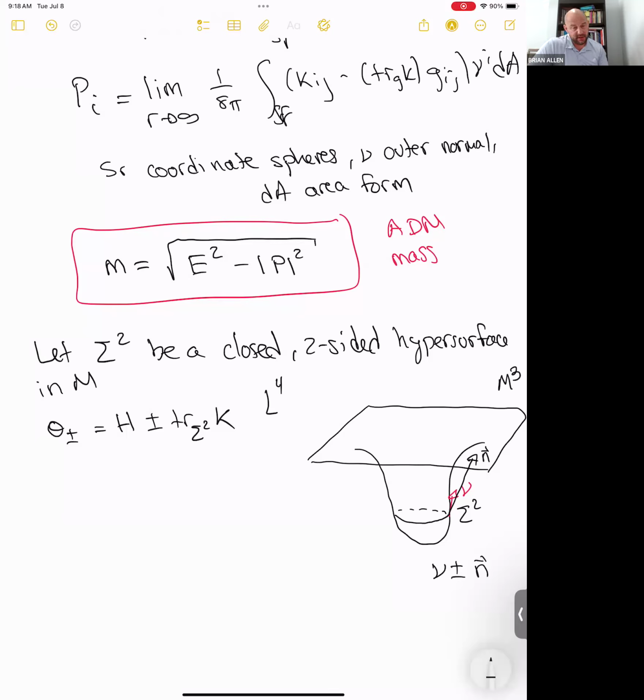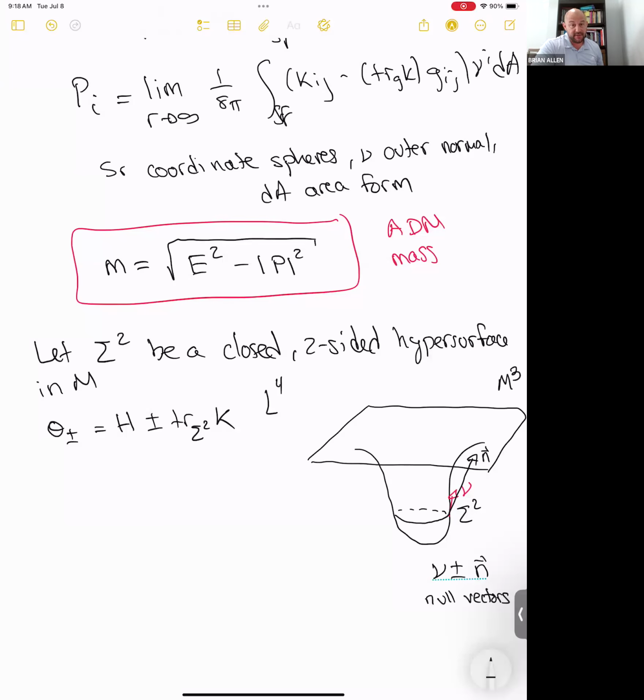And we call these nu plus or minus N null vectors because in the Lorentzian space, they'll have length 0. And the physical significance is that's the direction in which light travels. Light travels in the direction of these null vectors. And so that's important to us because we can think of theta plus or minus as a type of mean curvature.